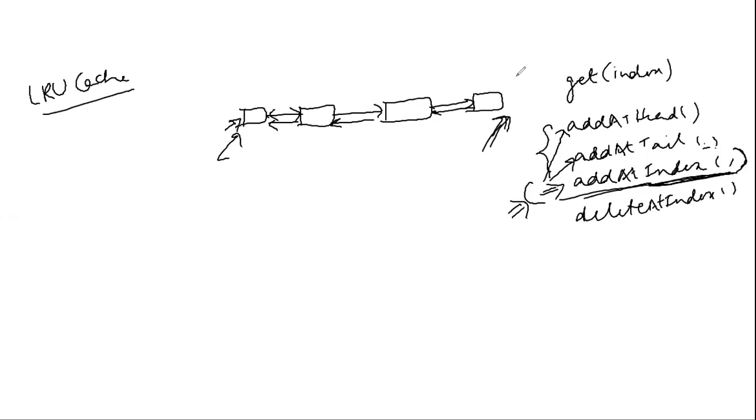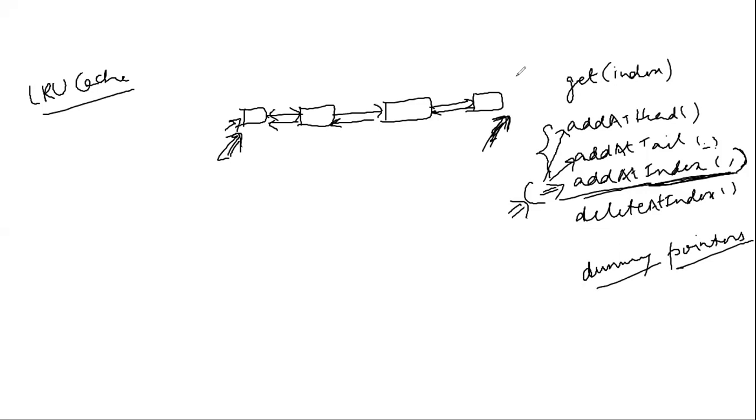So the thing is now, how would we do this? Another useful trick in linked list questions is the use of dummy pointers. When you have dummy pointers, you can get rid of a lot of edge cases.